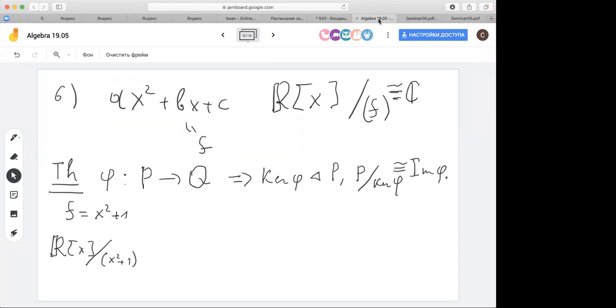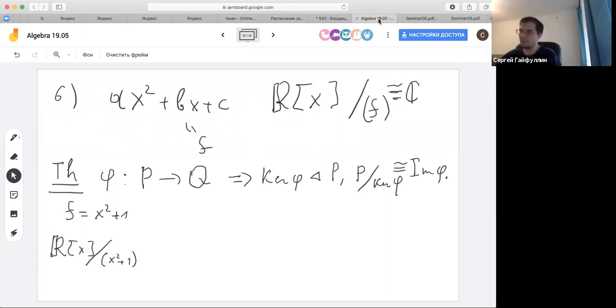Wait a second. So from this kernel triangle P, the kernel of phi is equal to the ideal, or what? The kernel of phi is an ideal, and we have a factor of this P by this ideal, and this is the image of this homomorphism.